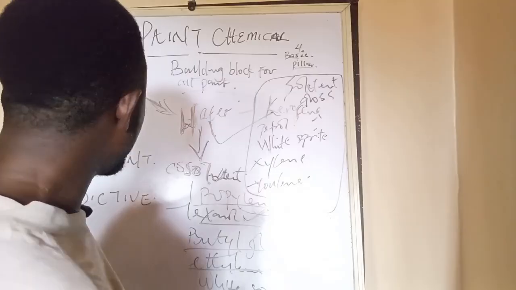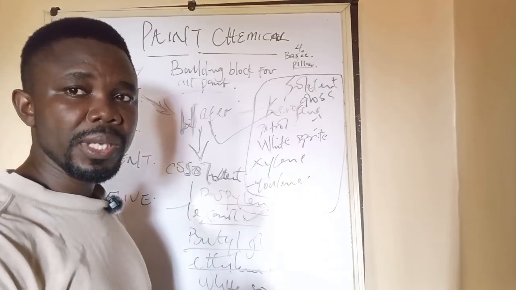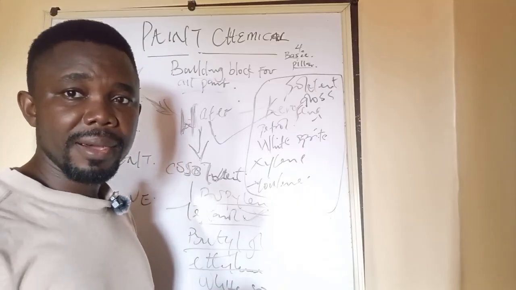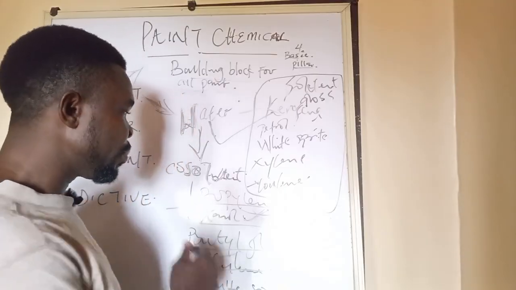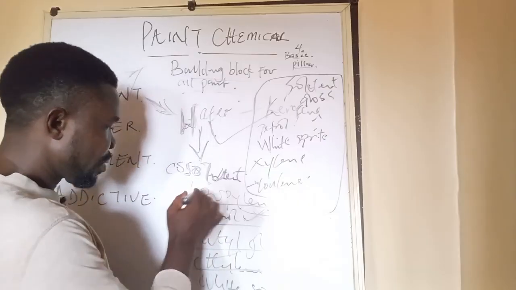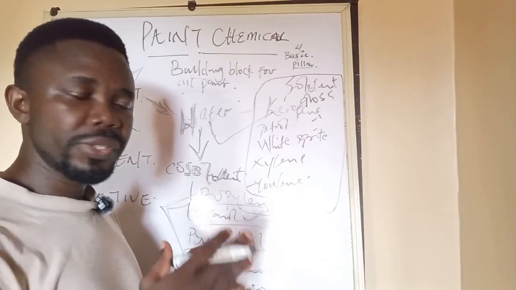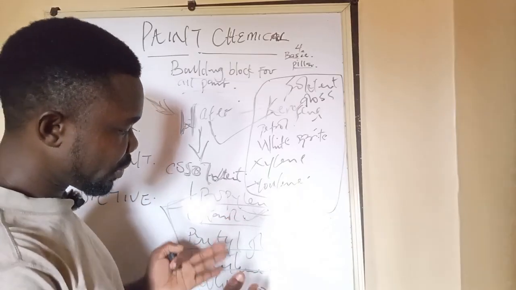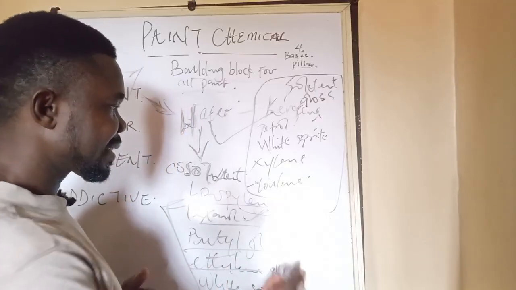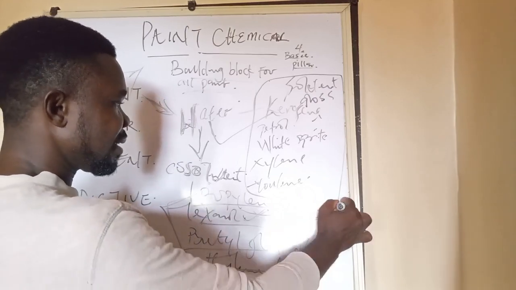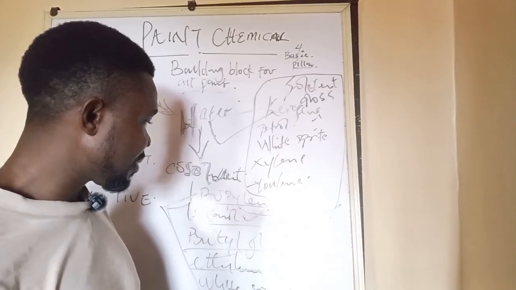Sometimes when we understand all of these things, we will not be brushing them aside when we are producing. Many people don't use stuff like this because they think it is not important. But in my previous video, I explained the importance of some of these co-solvents in paint. For example, propylene glycol, how it can help you eliminate roller marks.